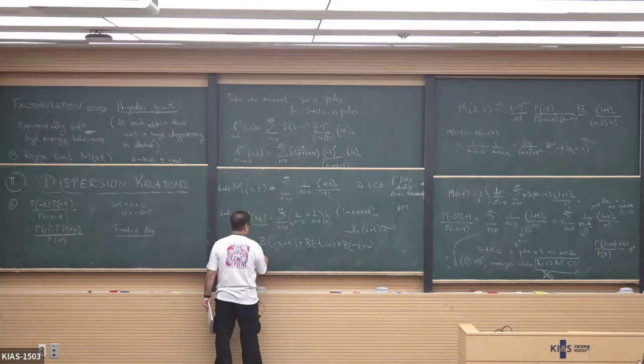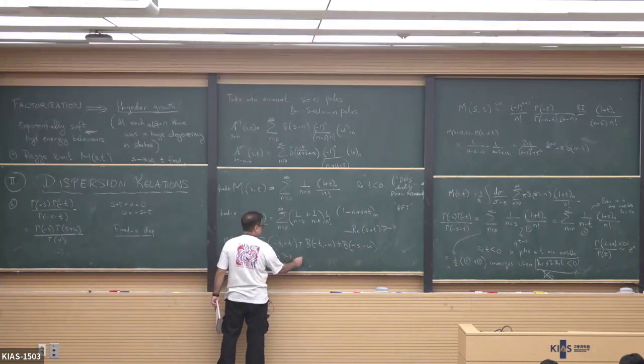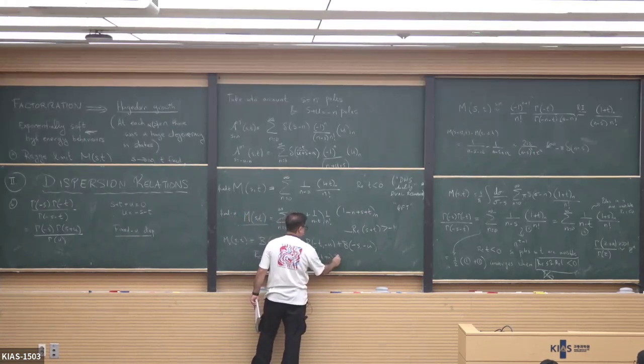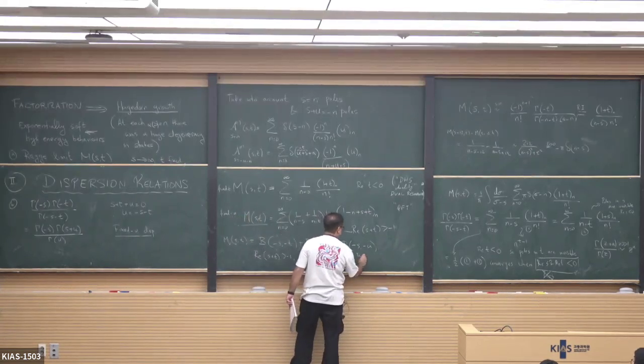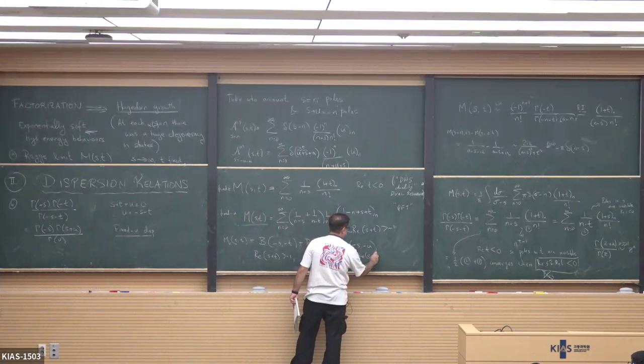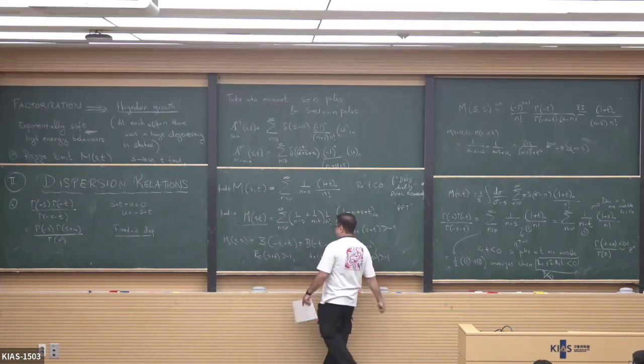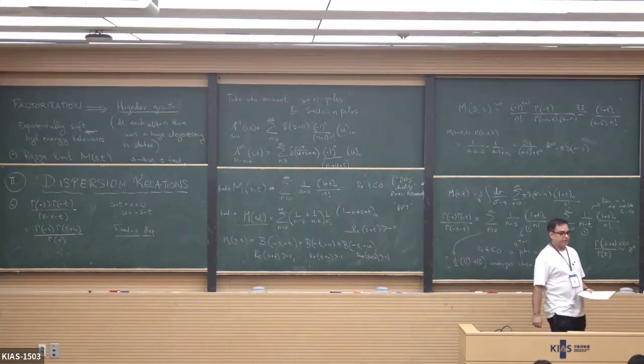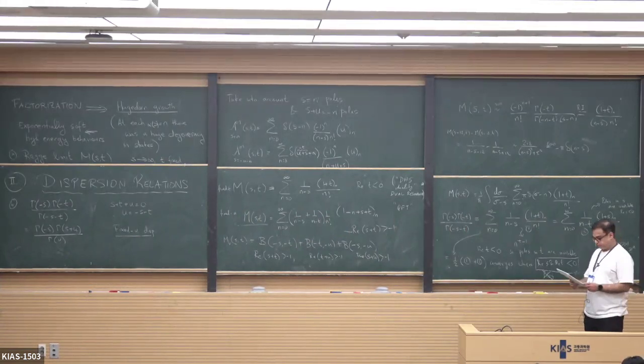So this would demand that real part of s plus t is bigger than minus 1. This would demand that real part of t plus u is bigger than minus 1. And this would demand that the real part of s plus u is bigger than minus 1. And that will give you a very tiny domain where this representation would be valid. So that would be also of no use.